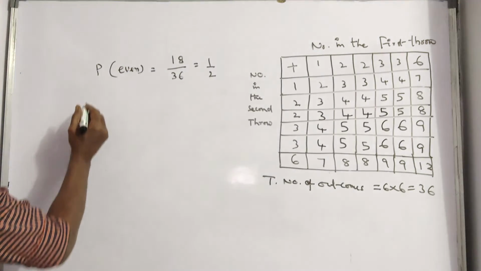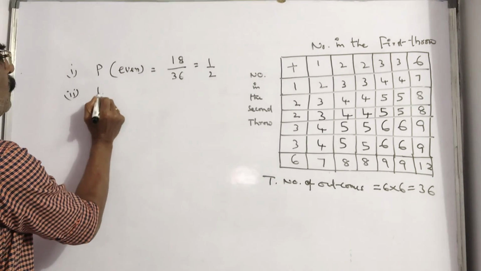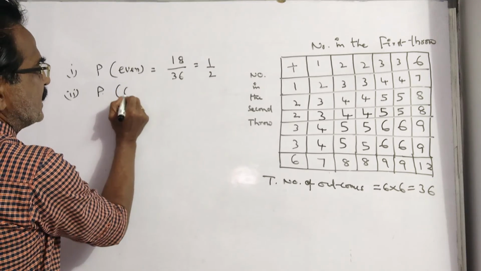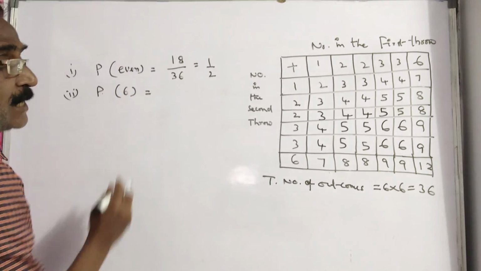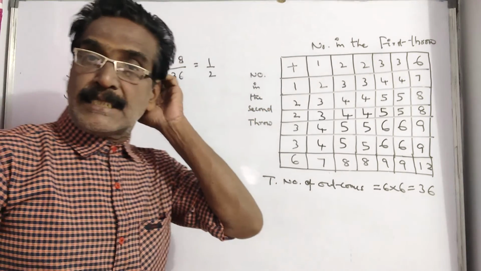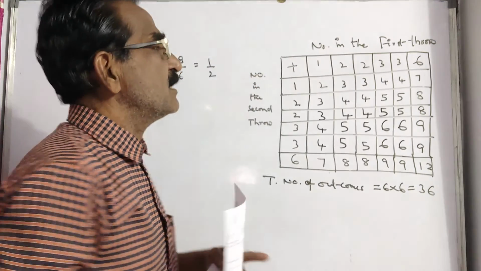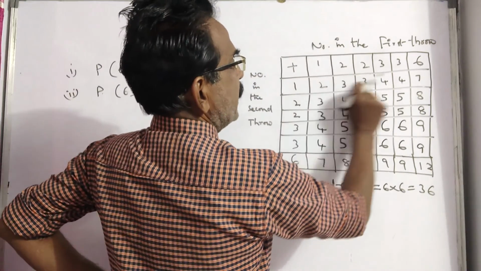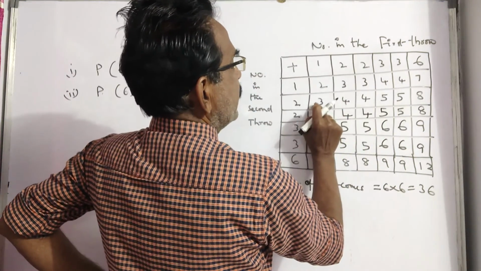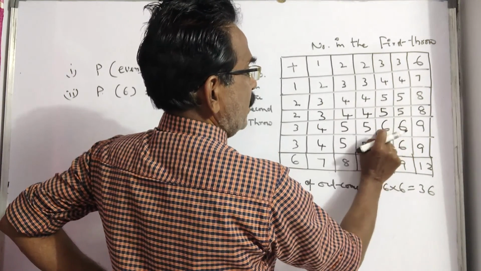And let us see the second one. Probability of getting the sum 6. Let us count the outcomes where the sum is 6. Here there is no 6. Here there is no 6. Here there is no 6. Here 2 sixes are there.